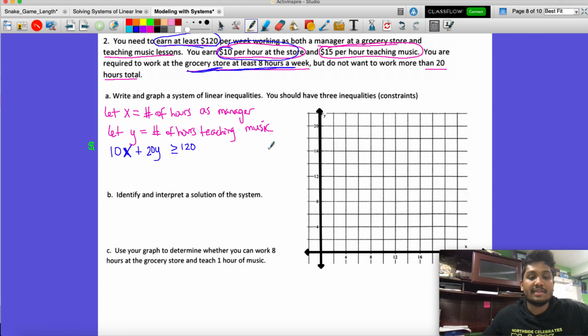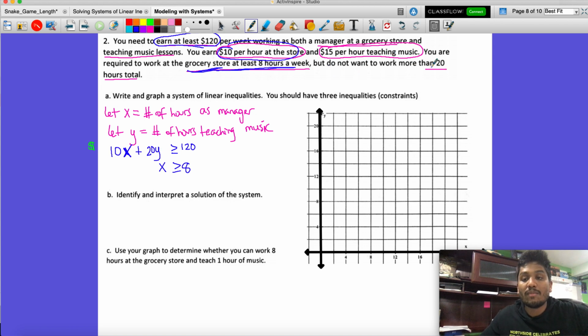A constraint means that now he has to work at least, so greater than or equal to 8. That's the total there, 8 or more. The only thing that's affecting this is that he has to work at the grocery. So that's only going to be X, because X is the number of hours as manager at the grocery store. There's no reason for us to include anything about teaching music, because we're just saying that he needs to be at the store for 8 hours.